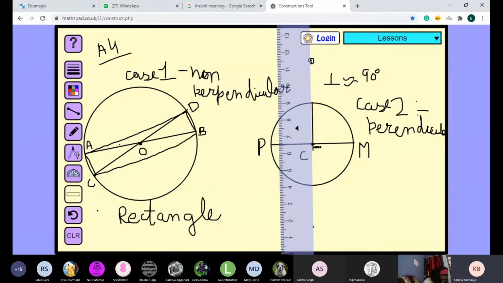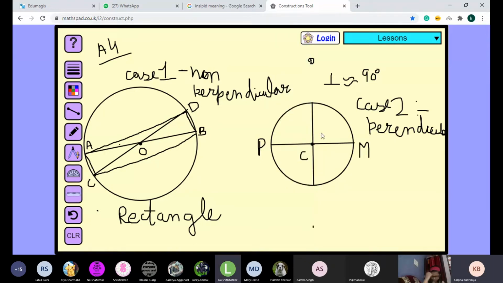So the positioning of the scale we have done such that we are getting the accurate diameter at 90 degree. In fact, you can show here also, beta, this point is your 90 degree.